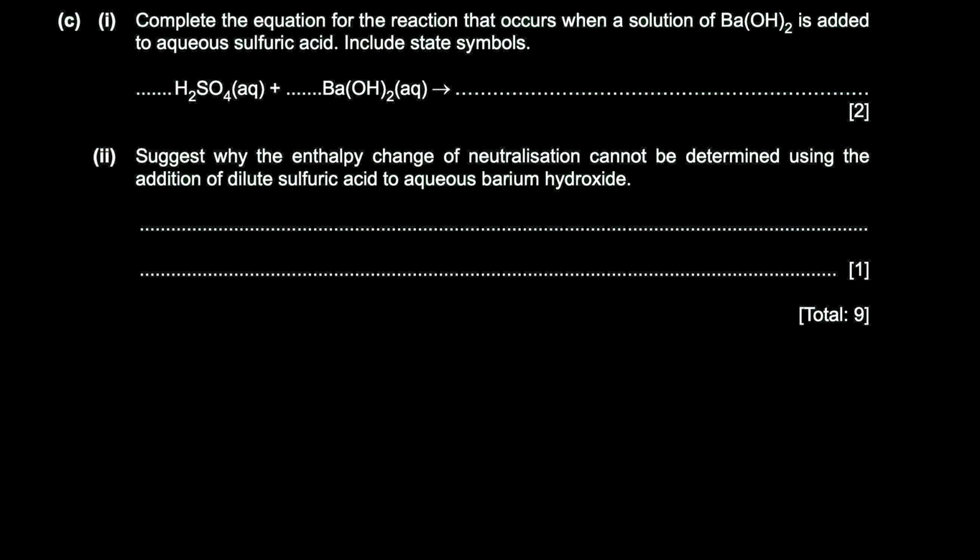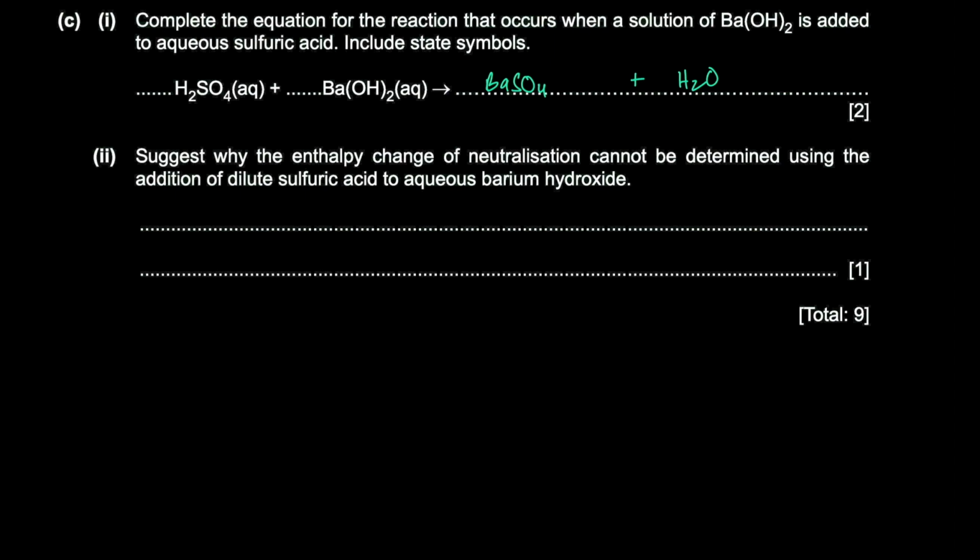Complete the equation for the reaction that occurs when a solution of barium hydroxide is added to aqueous sulfuric acid. Include state symbols. So when barium hydroxide reacts with sulfuric acid, we get barium sulfate and H2O. First, we're going to balance this equation.